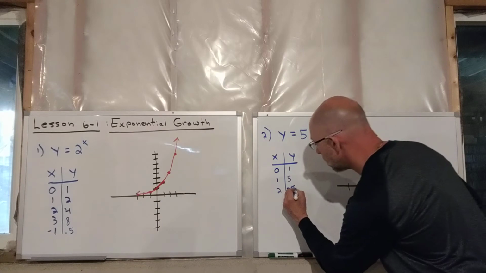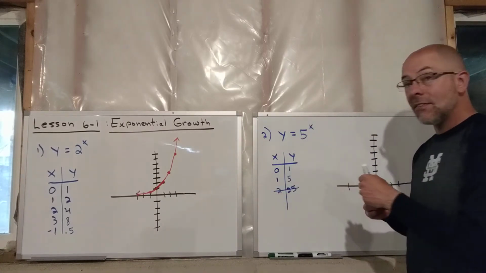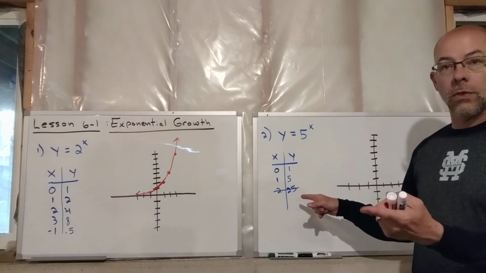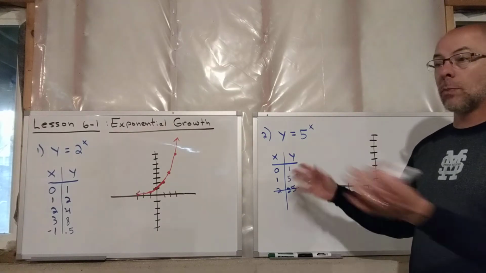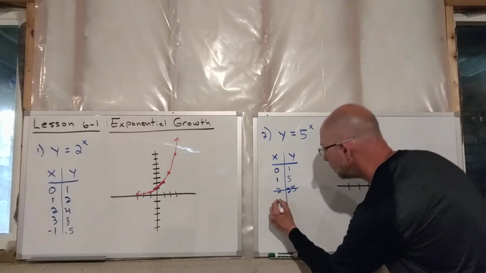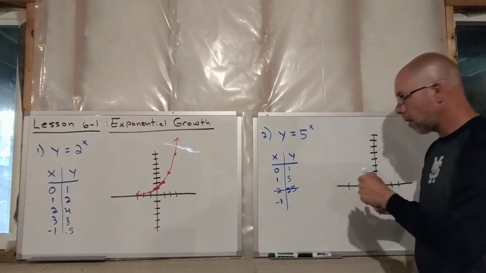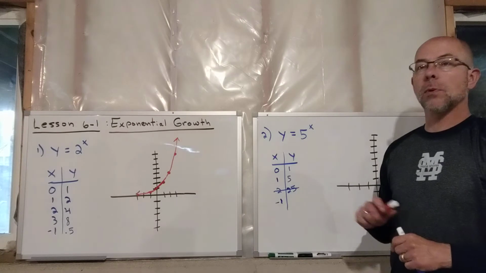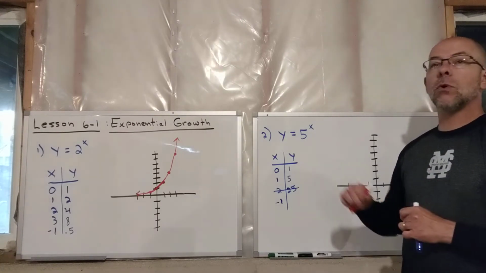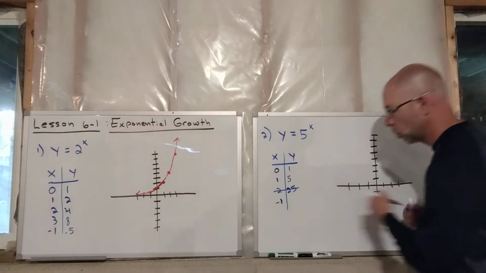Now I'm going to cross that off my list. I'm going to leave it in my list, but that lets me know, hey, I tried to go there, but I got too big too fast, and we'll just settle with that. And the rule I want you to do, one negative exponent, just do negative 1. 5 to the negative 1 power will be 0.2.